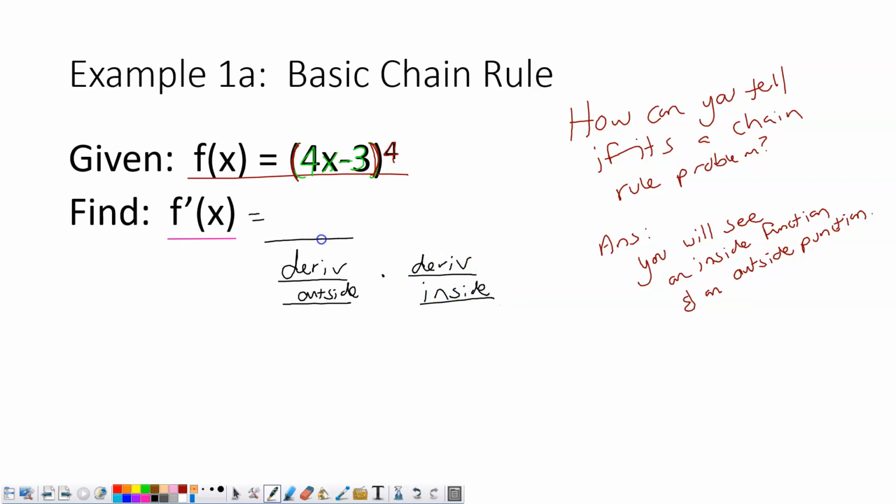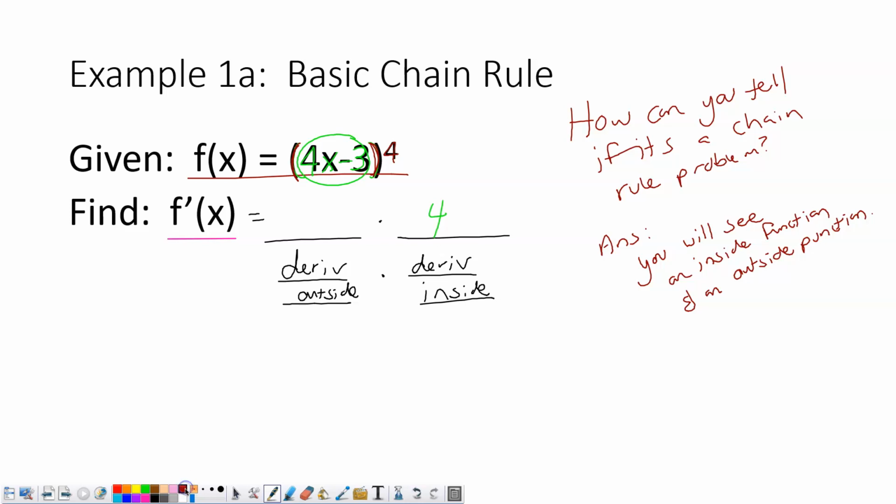Okay? So let's do that. Derivative of the outside times derivative of the inside. Well, let's start with the derivative of the inside. That's easier. So what is the derivative of 4x minus 3? It's just 4, right? The derivative of 4x is 4. The derivative of 3 is 0. So the derivative of the inside is 4.